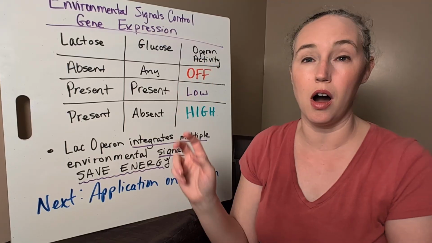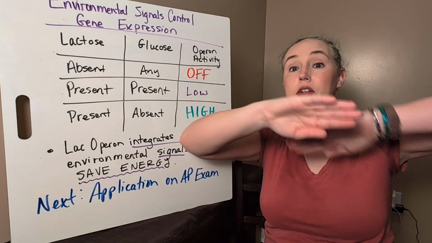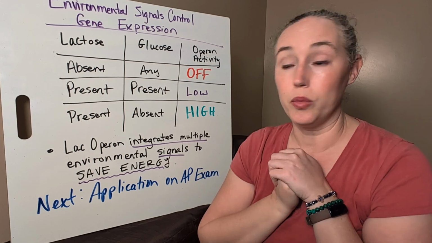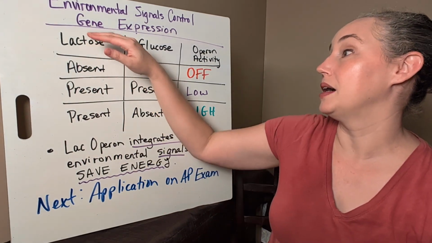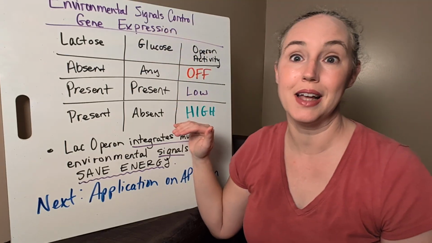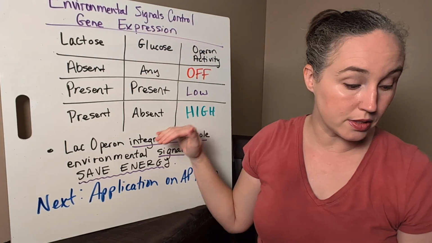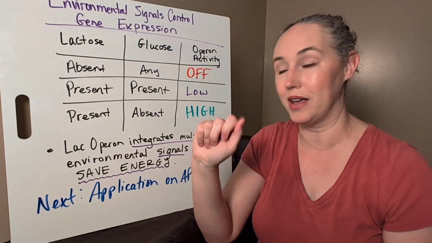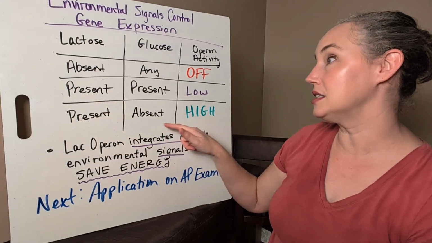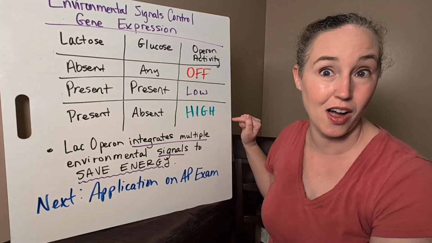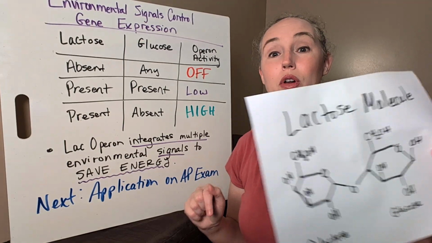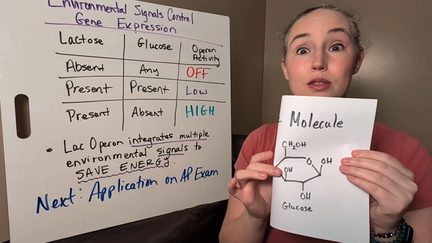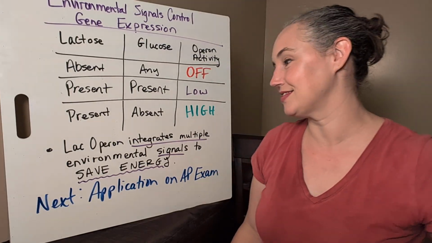The repressor will be off, but you won't have that extra signal, hey, come over here, that we get when we have lactose present and glucose absent. Remember, if glucose is absent, that's when we get our CAP cyclic AMP flag waving, right? And so when this is a situation, we'll have high operon activity in order to break this molecule apart so we can access the glucose needed for energy.